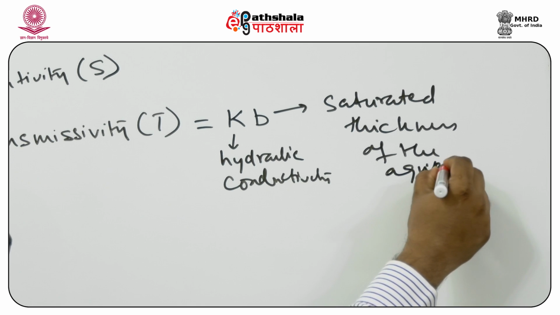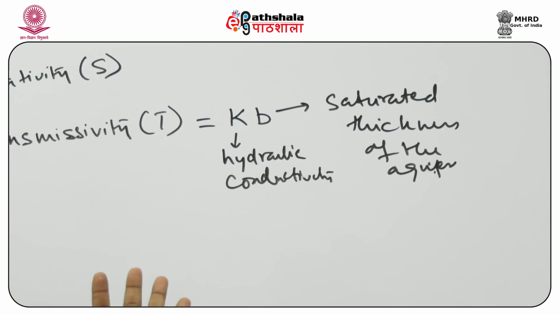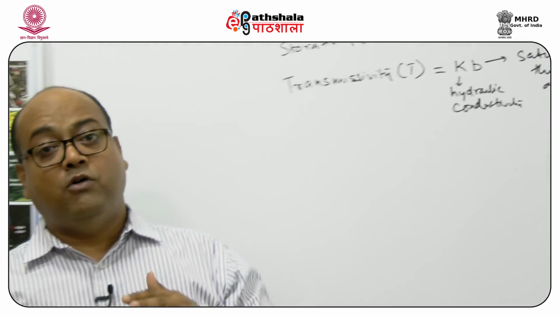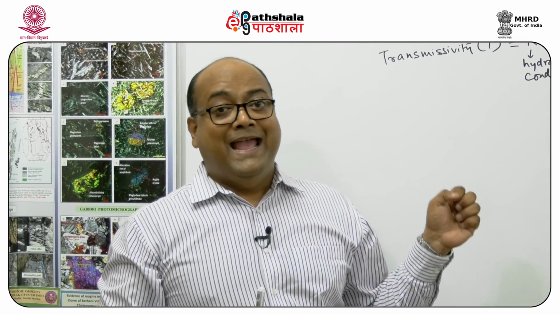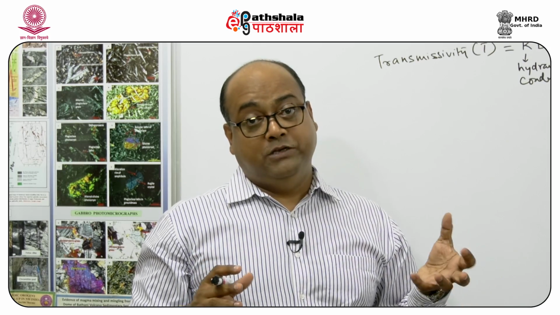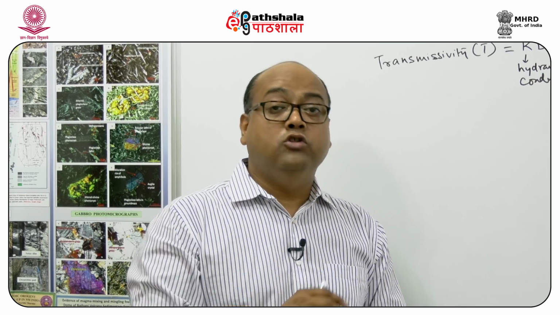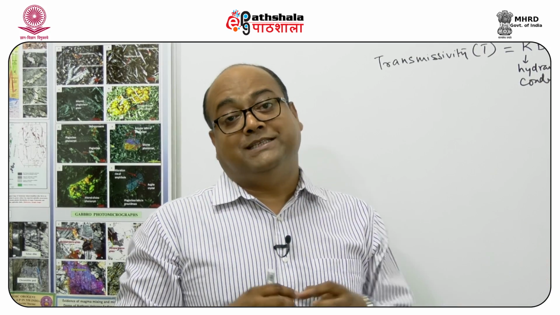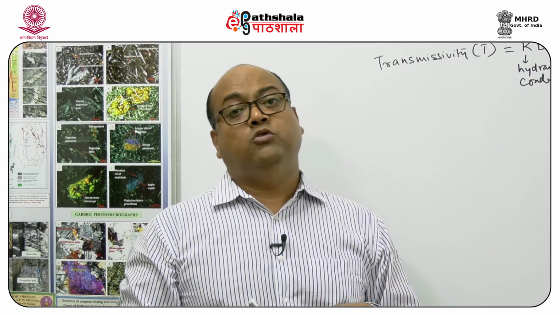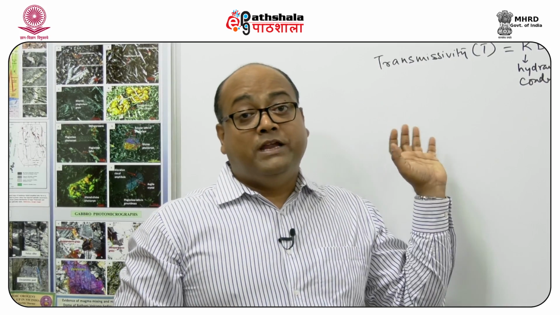Hydraulic conductivity describes the ease with which water flows from one part to the other. Remember, we are dealing with a saturated porous matrix in which water is stored within the pores, and the flow is also along the pores, so it depends on the interconnectivity of the pores and other different parameters.